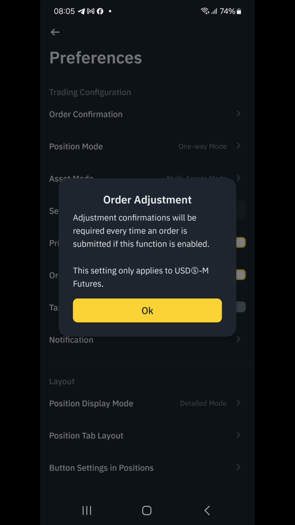So now, why do last price and mark price matter in futures? Understanding last price and mark price is essential because each serves a specific role. One, last price. Last price is crucial for tracking real-time market activity and filling orders based on current trading activity.